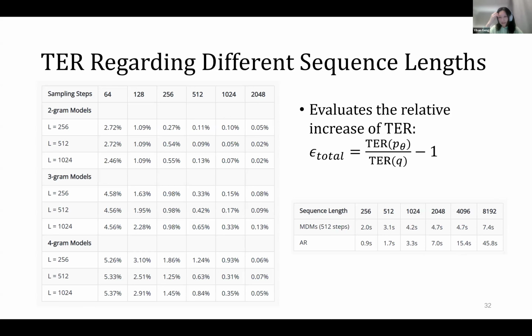The exact language doesn't matter here, because we only care about the efficiency. As shown in the table, MDMs begin to demonstrate efficiency gains over autoregressive models once the sequence length exceeds 2,000 tokens, which again showcases their ability to generate fluent text.